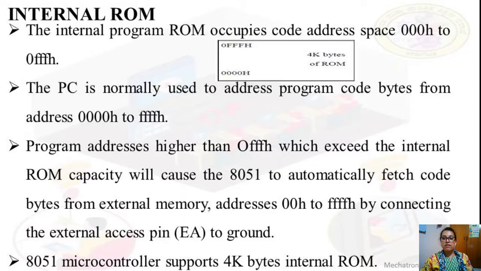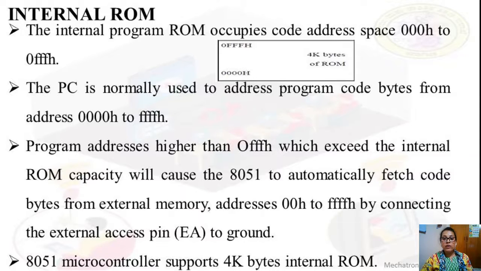So it may contain some executable functions and some data which never change, and the address is from 0000 to 0FFFH. If the processor needs an address higher than 0FFFH, which exceeds the internal ROM capacity, then it will cause the 8051 to automatically fetch the code bytes from the external memory.